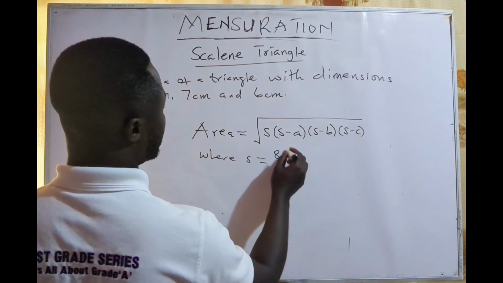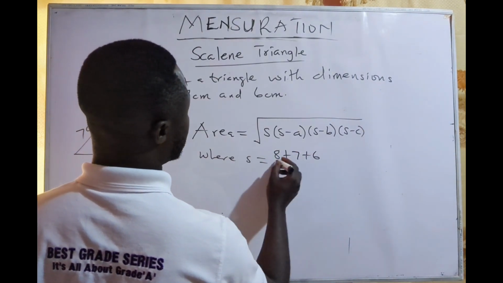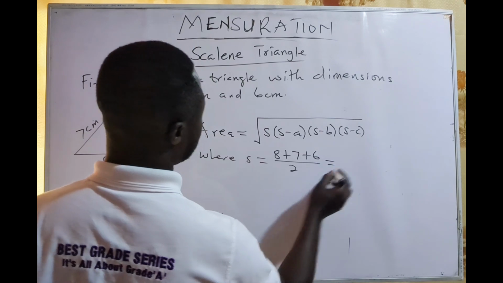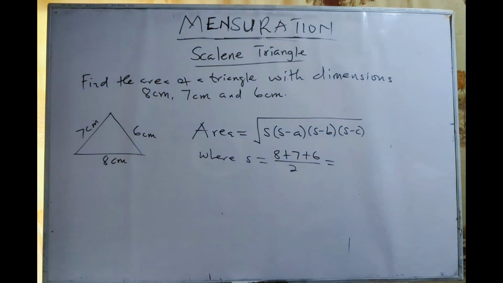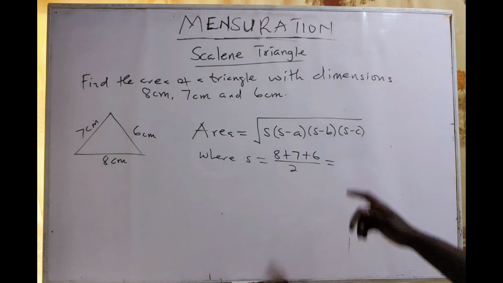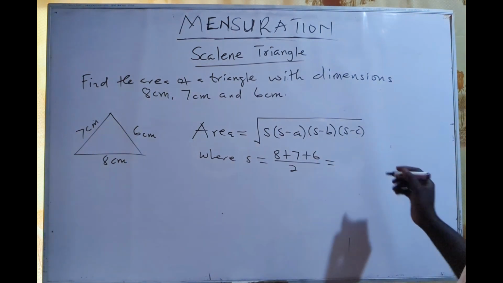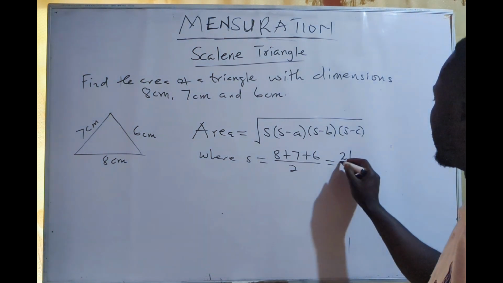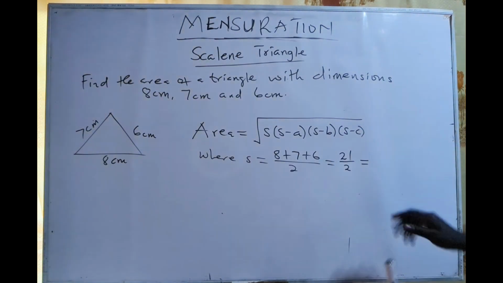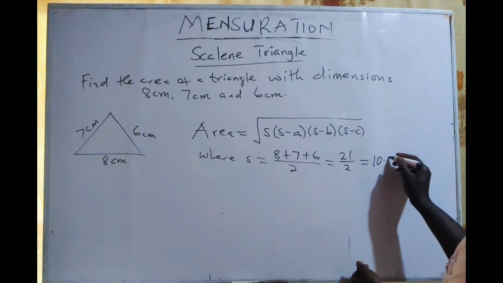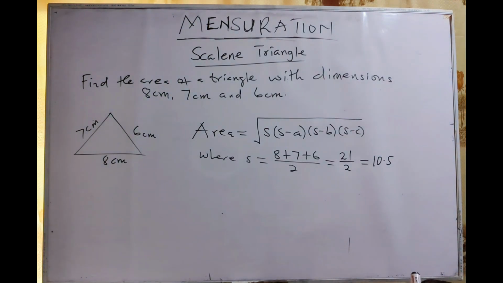So I'll have 8 plus 7 plus 6, all divided by 2. What is 8 plus 7? That is 15. And then 15 plus 6 gives me 21. So 21 on 2, which gives us 10.5.